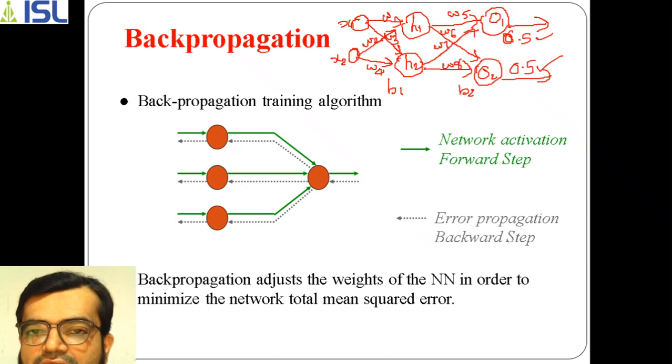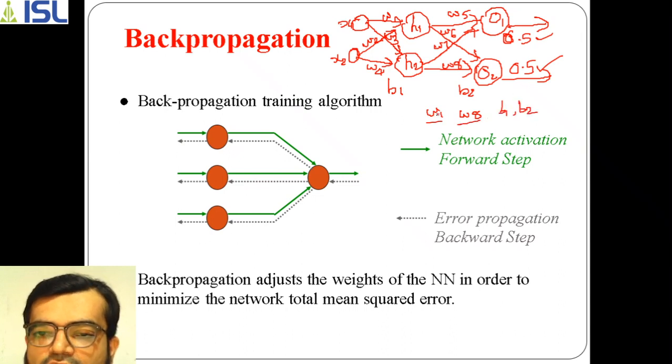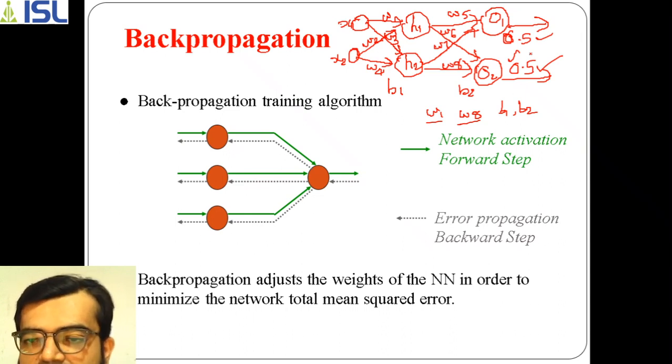We have taken w1 to w8 along with b1 and b2 values, right? All these weights have to be adjusted accordingly, so that you get the expected output, so as to reduce the gap between the expected and actual output.